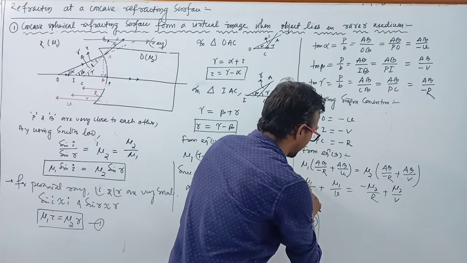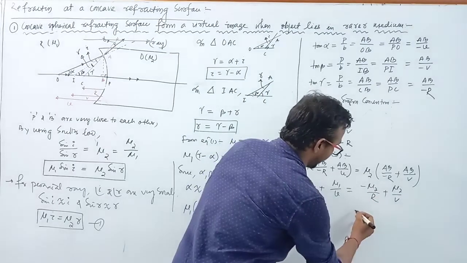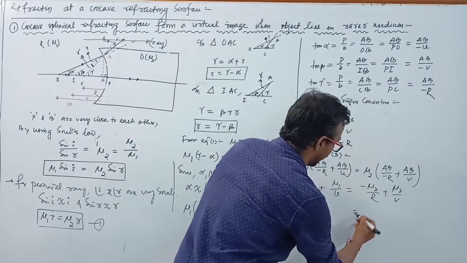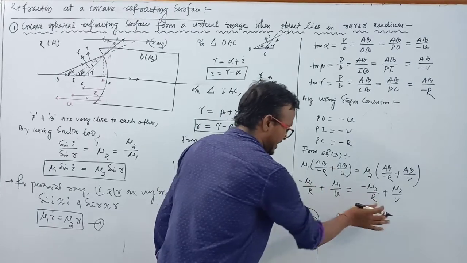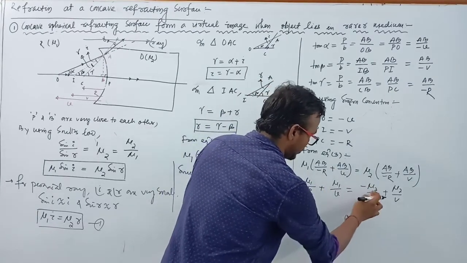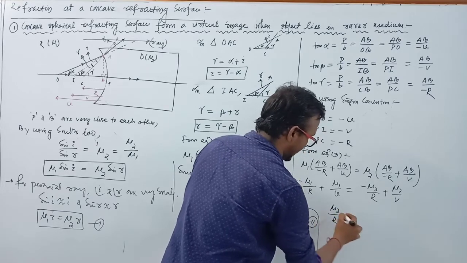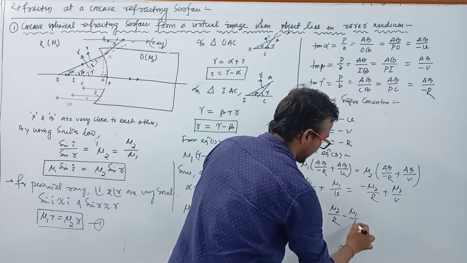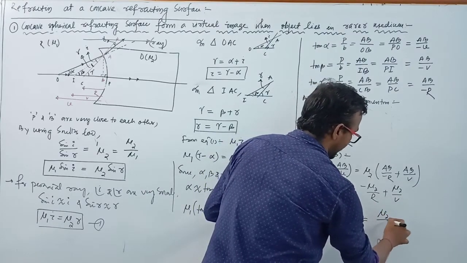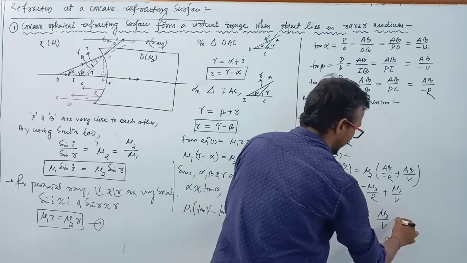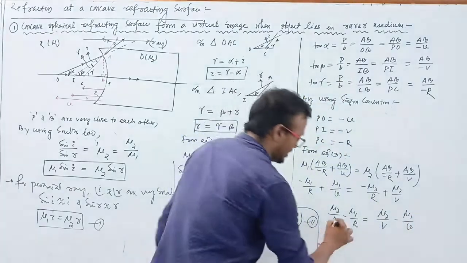Here this is minus mu1 by R. If you take this term to the left-hand side, then this will be positive, that is mu2 by R, and here a negative sign, that is mu1 by R, which is equal to mu2 by V minus mu1 by, which is the required relation.